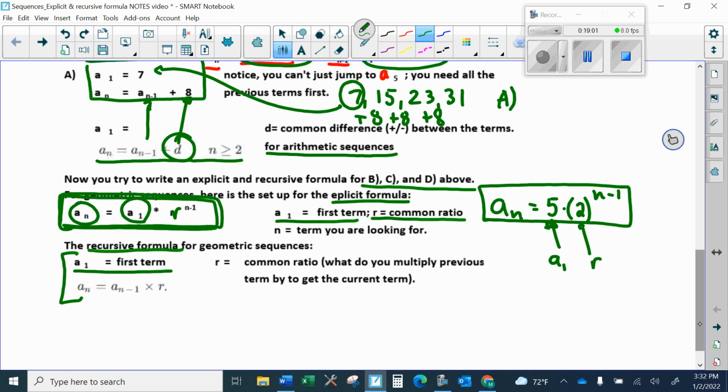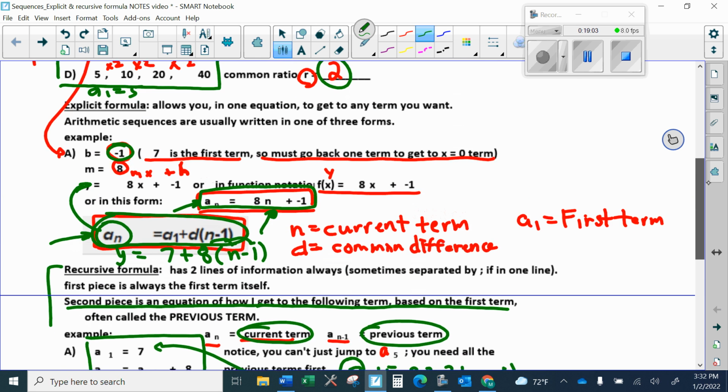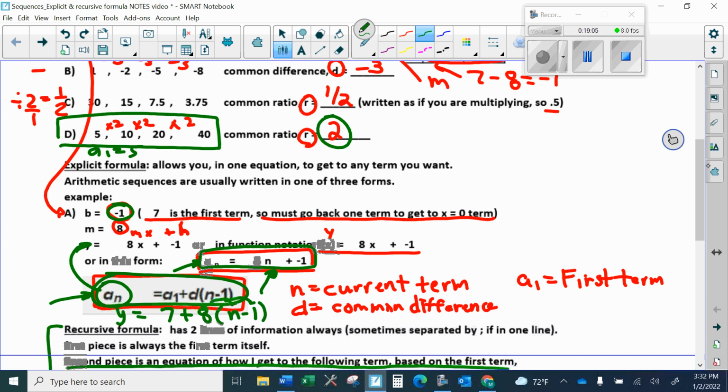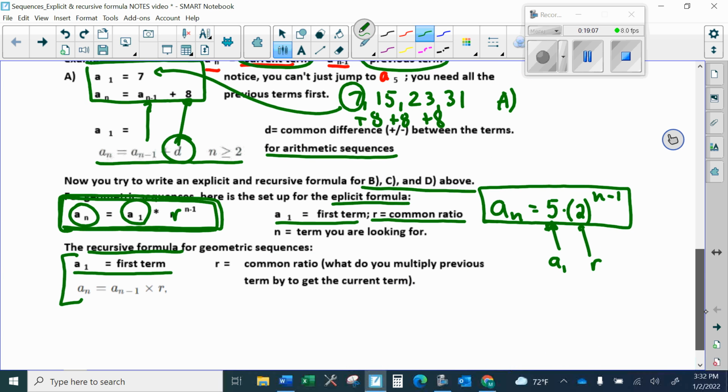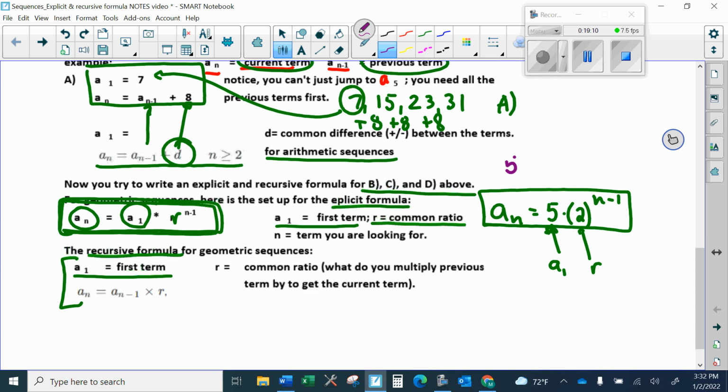So how can we check that we have it right? Let me write down here so I don't have to keep going back and forth: 5, 10, 20, 40. Well, I know 40 is the what term? 1, 2, 3, fourth term, right? So let's fill it in. A sub 4, meaning the fourth term, equals 5 times 2 to the 4 minus 1.